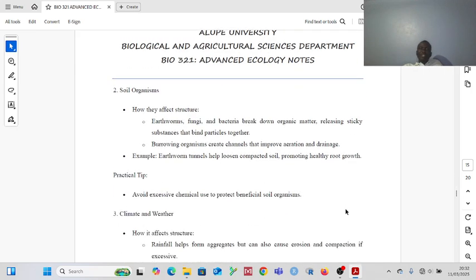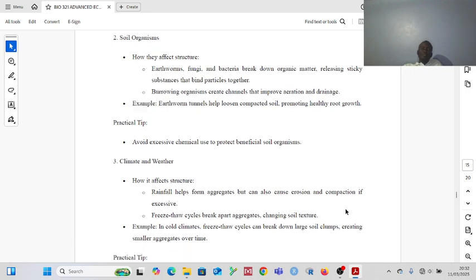The other thing that impacts soil structure is the organisms living within the soil, such as earthworms, fungi, bacteria, microorganisms, and other burrowing organisms like moles.